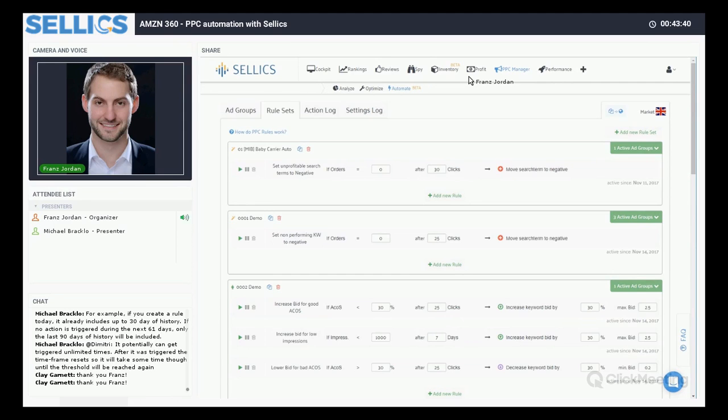Instead of spending a few hours a day adjusting your campaigns, you set up the rules once, and then you can take care of other parts of your business, or just have more spare time with your family, or whatever it is that you want to spend your time with, and we take care of the heavy lifting of adjusting the bids.